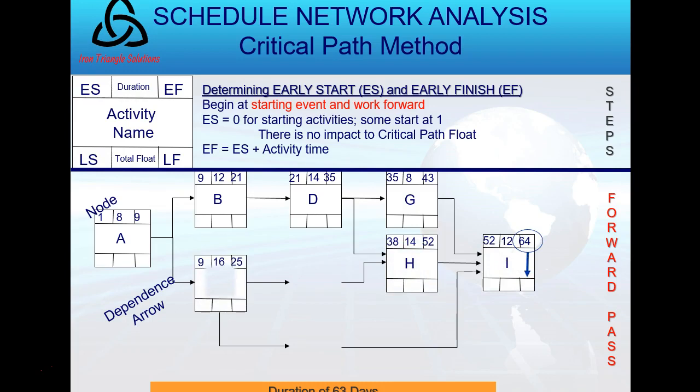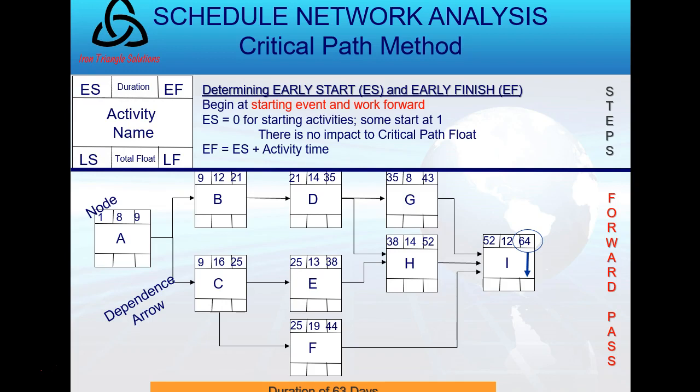I get to day 64 at the end in my early finish. How do I figure out my late finish? I just drop it down. This is called the forward pass. So see on the right I have forward pass written. This is the forward pass, like throwing a football over top of the line of scrimmage. That is how I figure out the numbers on the top.